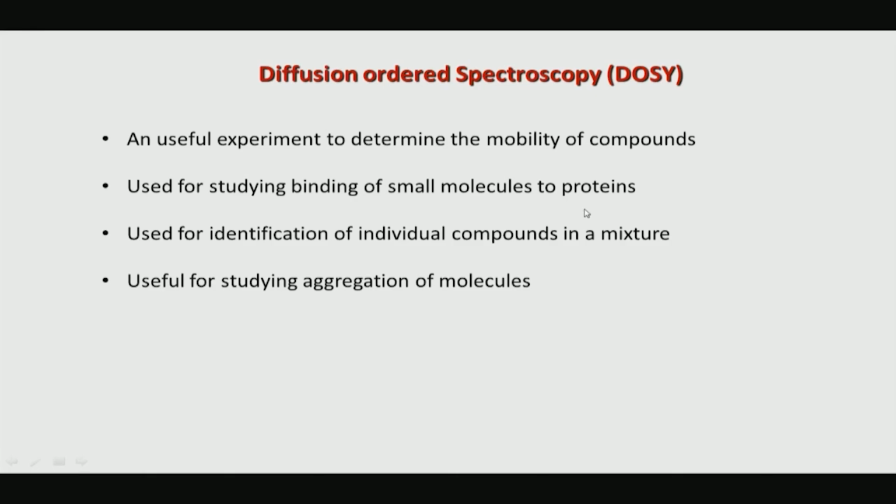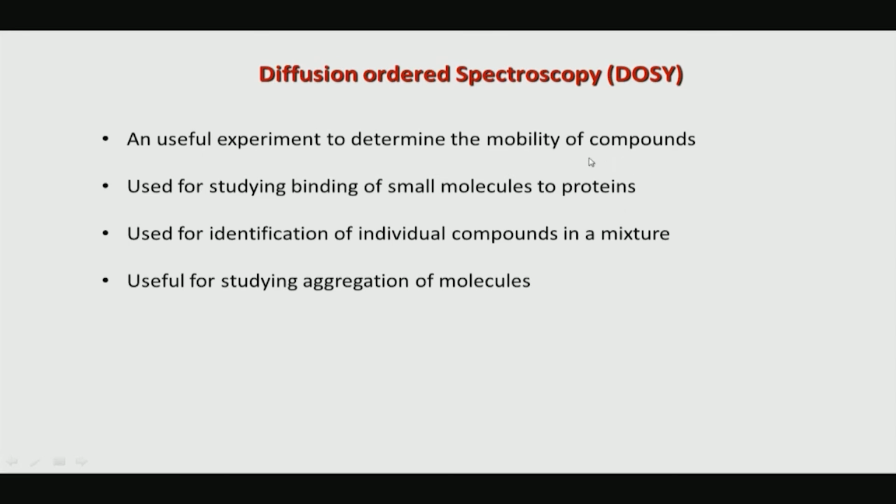They are heavier, and their diffusion is very slow. So, by noticing the change in the diffusion, we can characterize the binding, and this is one of the standard approaches used in drug discovery, where they also use the word affinity NMR, where they are screening a large number of molecules to proteins for a receptor or a target.